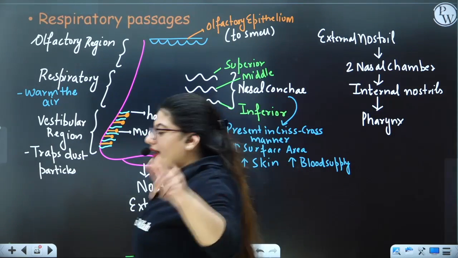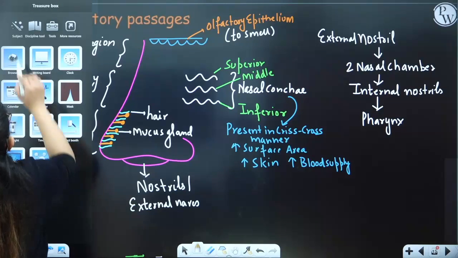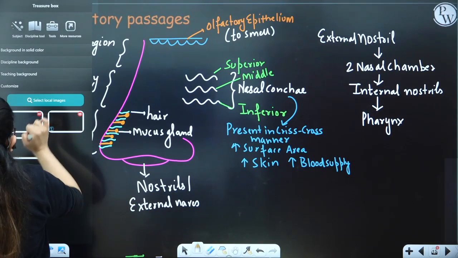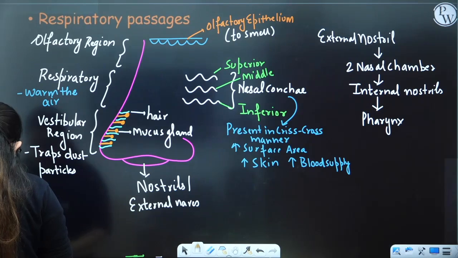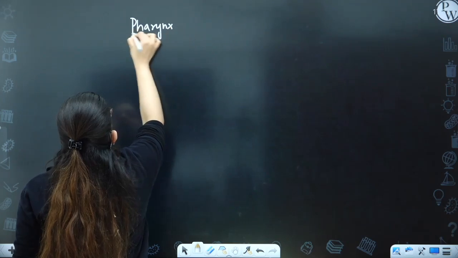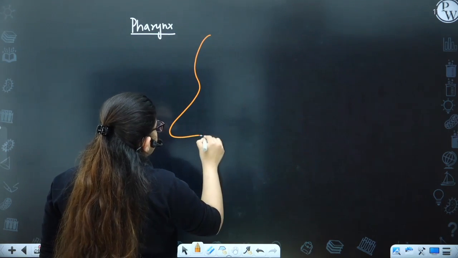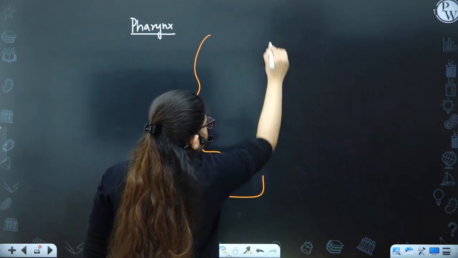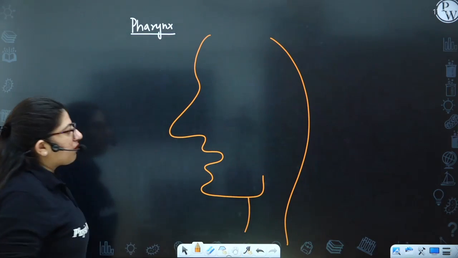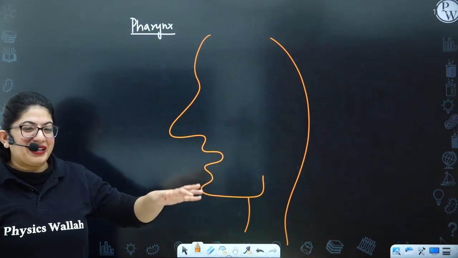Now let's draw the pharynx. If this is the face of someone, it's not mine, though the nose appears like my nose, a little bigger.